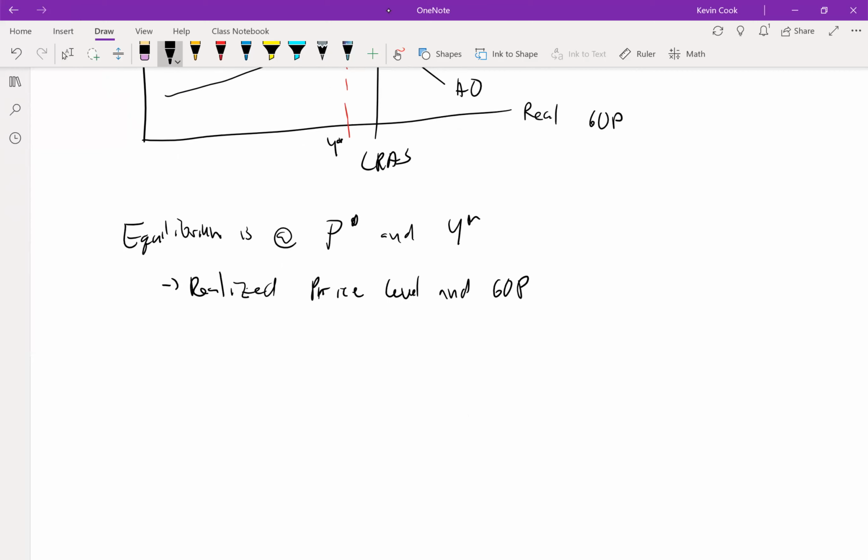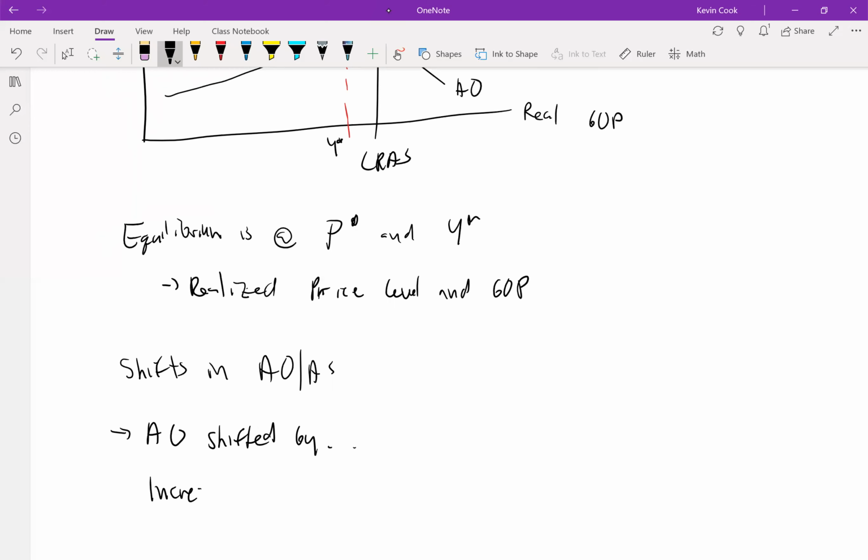The first was looking at shifts in aggregate demand and aggregate supply. Aggregate demand will be shifted by a couple things.